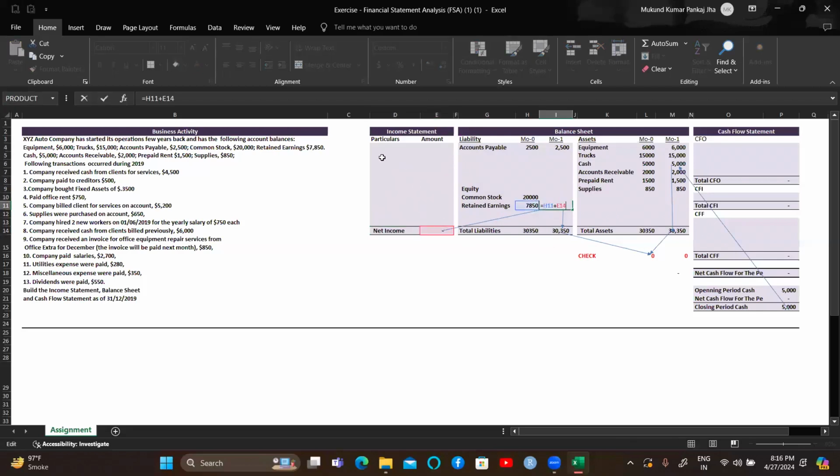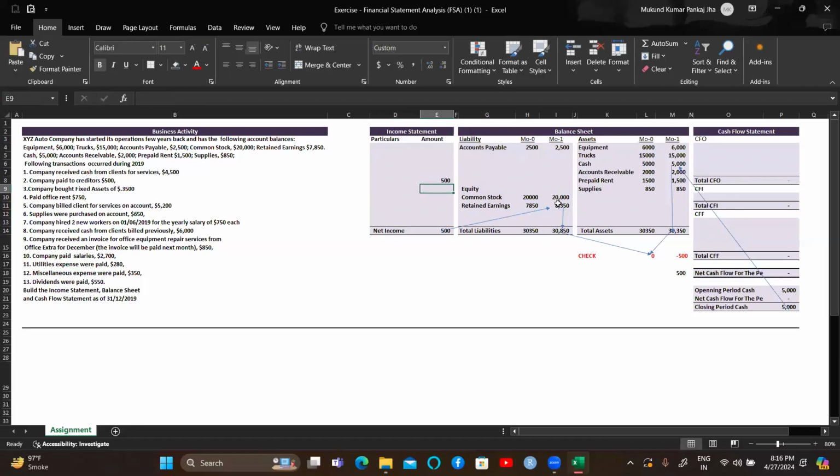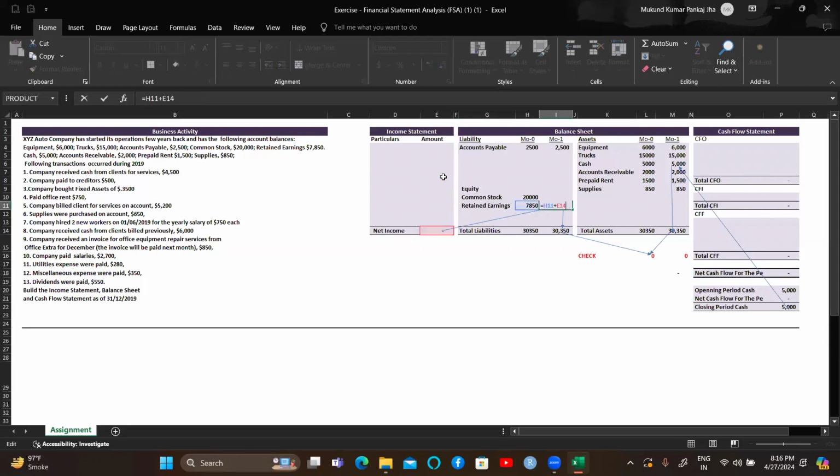Are you clear with this? So if I add 500 over here, it will be reflected in the retained earnings part. Everything happening in the income statement is reflected in the balance sheet through retained earnings. Have you got this, Apurv?